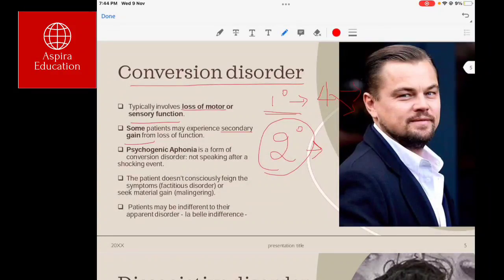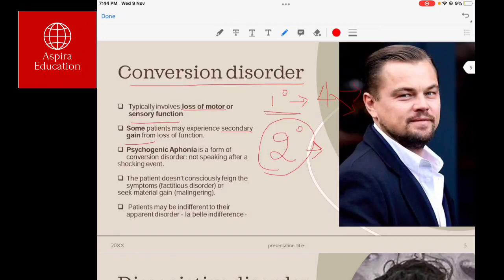They do a video laryngoscopy and look for the vocal cord movement. During cough, the vocal cord movement is all fine. So what they suspect is psychogenic aphonia. That is, the patient is able to produce voice during a painful stimulus but is not able to talk. So this is basically conversion disorder.